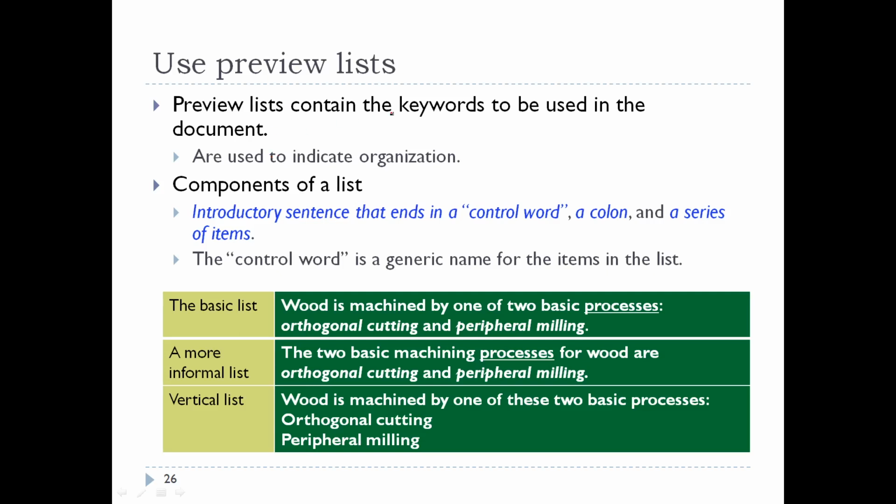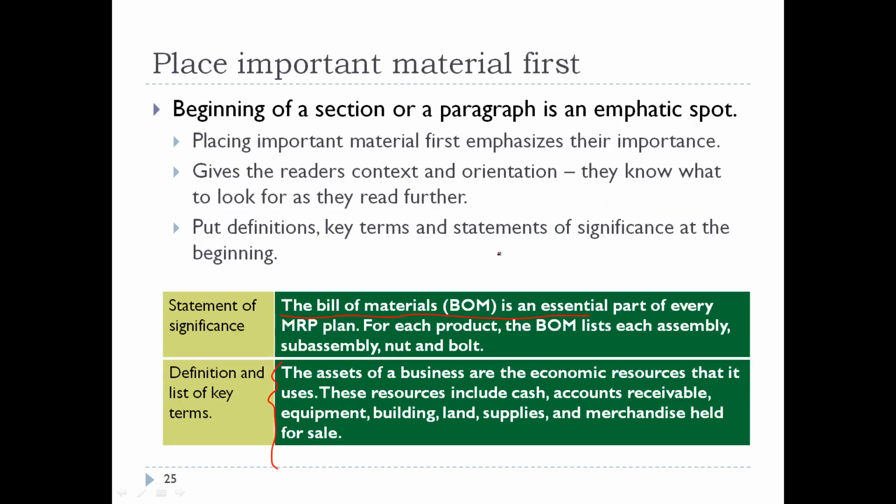So if you are using a list, for example, if you have a sentence here: the assets of a business are the economic resources that it uses. Here you have a very simple list. These resources include cash, accounts receivable, equipment, building, land, supplies, and merchandise held for sale.